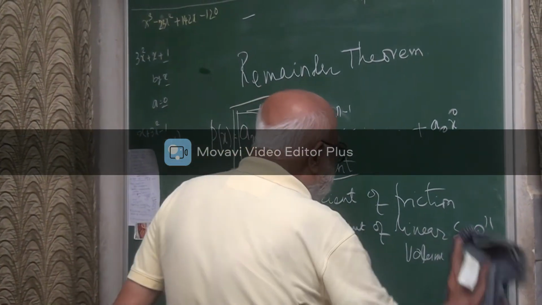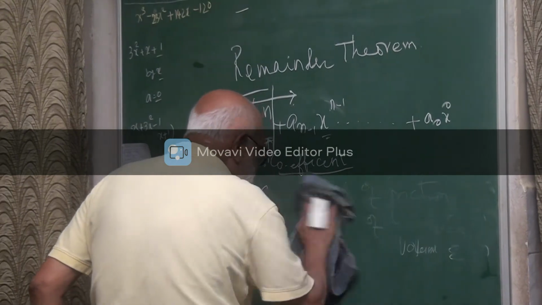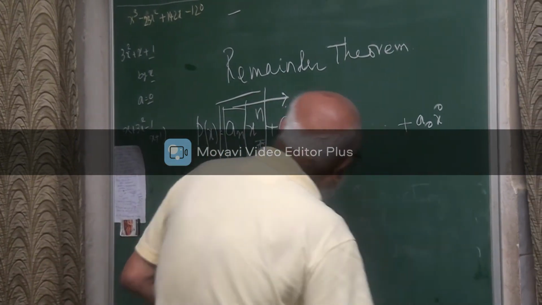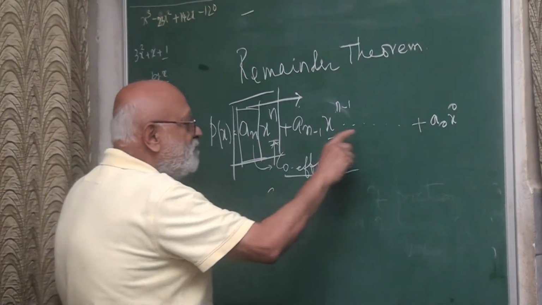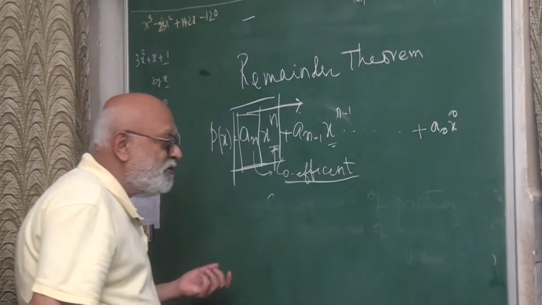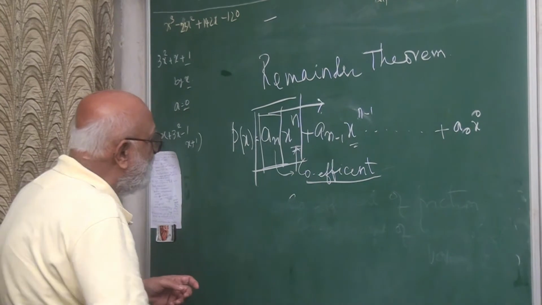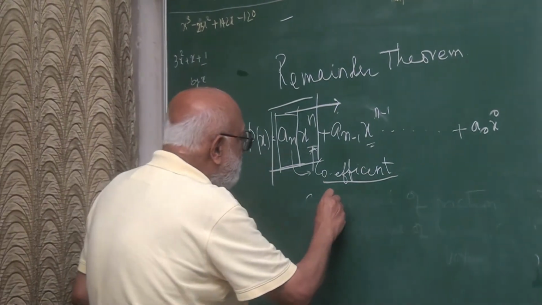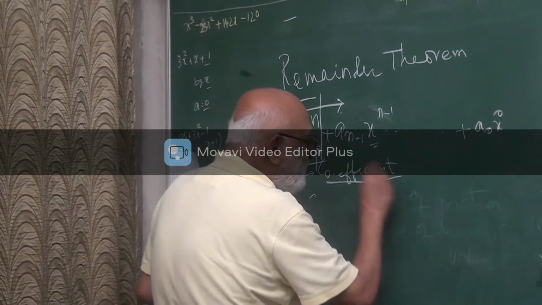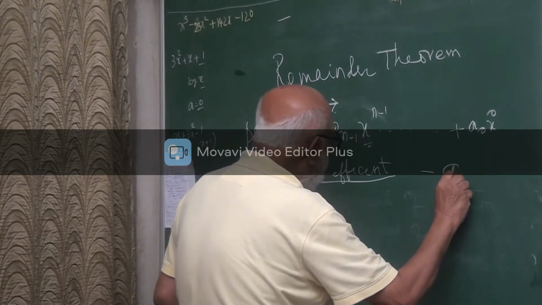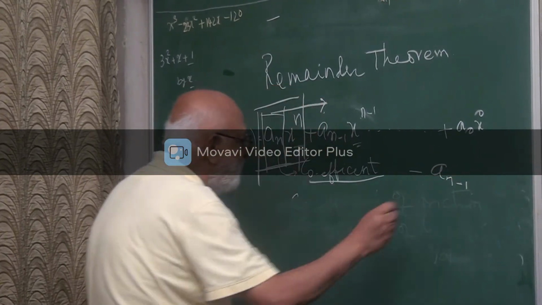Second thing you must see and find out from here is that there is no minus in the standard form. Then in some polynomials, where does this minus come from? The minus comes from this coefficient. So here if it is a minus, then it will be minus a_{n-1}.